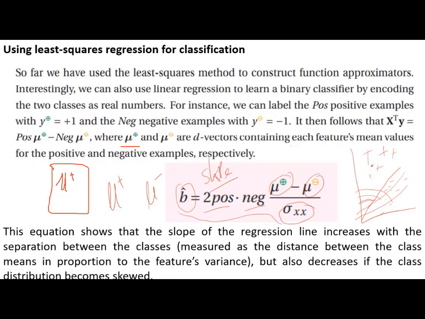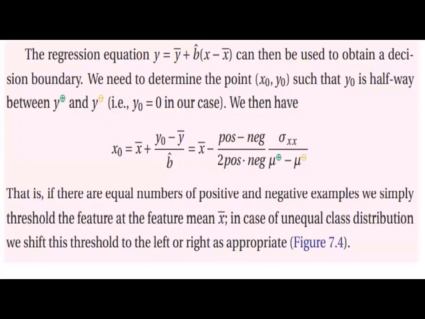In some cases it separates, in other cases it is skewed. Now the regression equation y is equal to y bar plus b hat into x minus x bar can then be used to obtain a decision boundary.